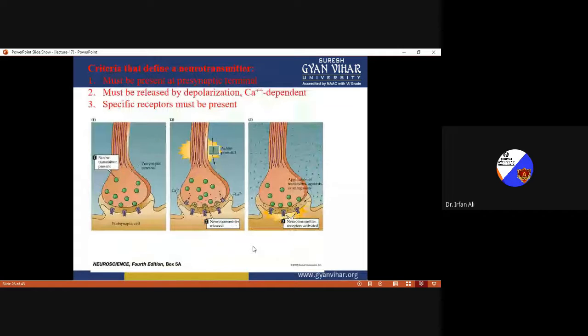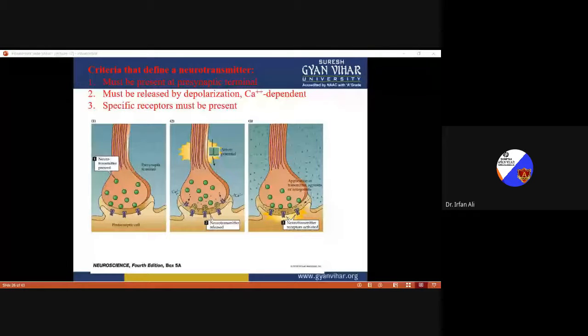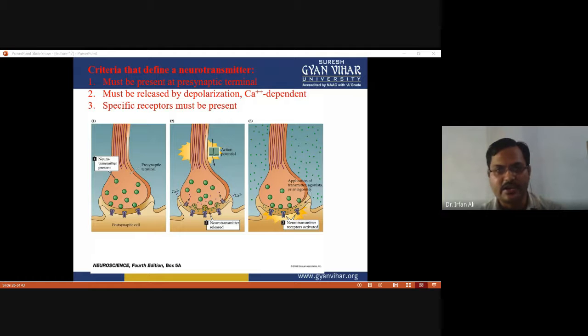And there are certain criteria that define a neurotransmitter. It must be present in presynaptic terminals, and must be released by depolarization.